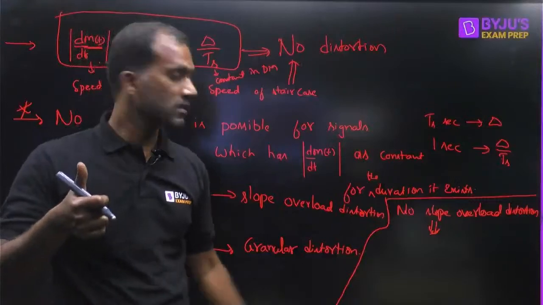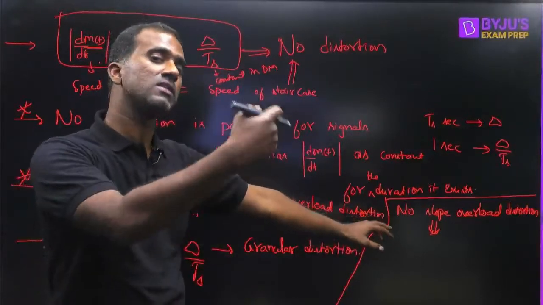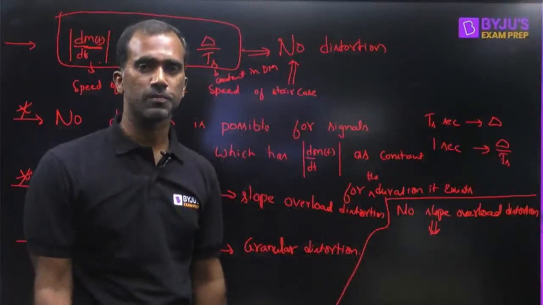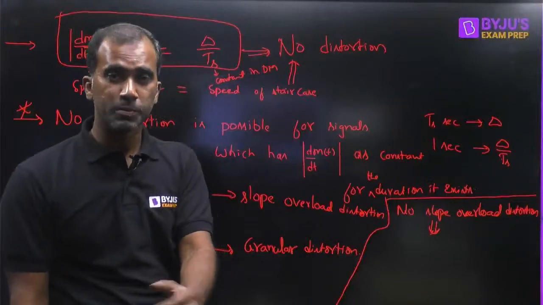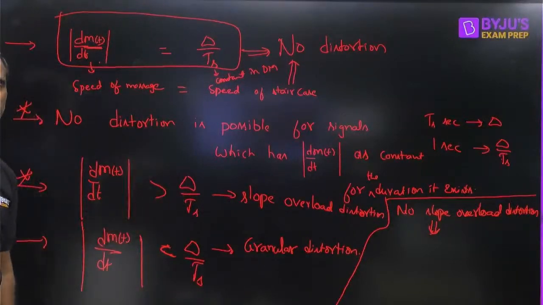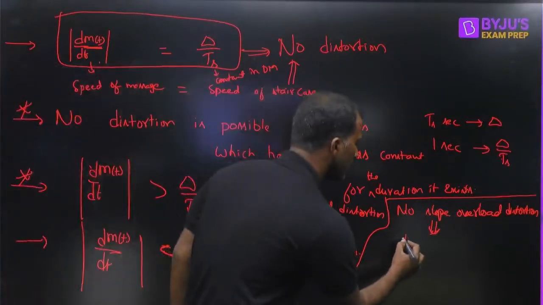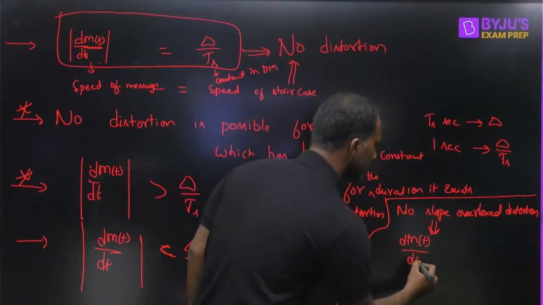The requirement is we don't want slope overload distortion at 1 second or 2 seconds or 10 seconds, 100 seconds, 1000 seconds also. At no time should slope overload distortion happen. Which means at no time should the message slope dominate.